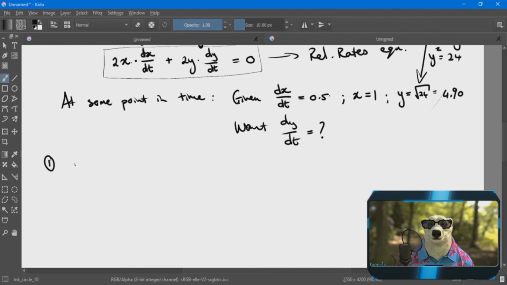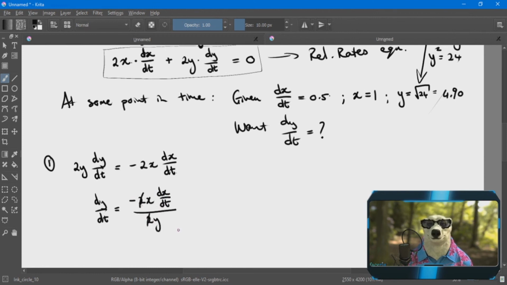So I'm going to move the term with x's in it to the left, like so. And then I have to isolate dy/dt to get dy/dt equal to negative 2x dx/dt over 2y. And the 2's can cancel.